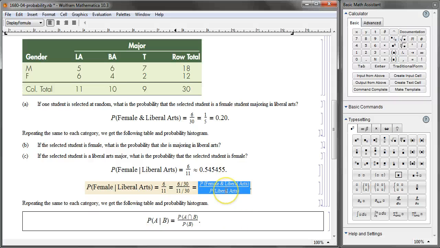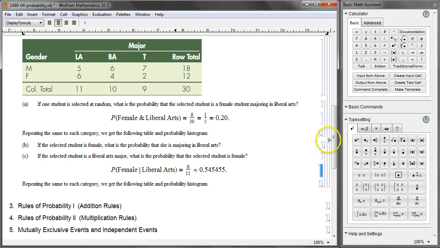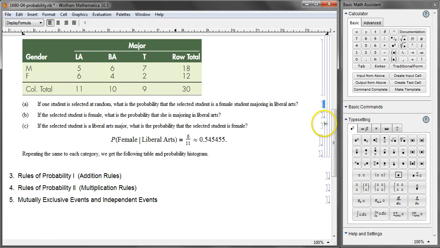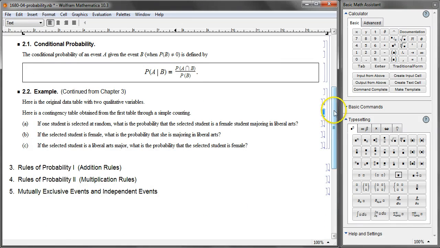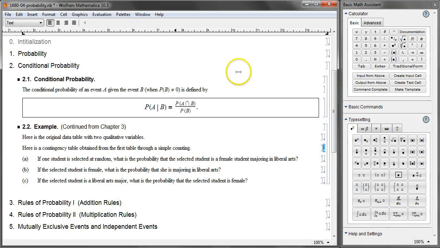And this is the set theoretical expression rewritten from here. This kind of thing is called the conditional probability. If you look at it in terms of contingency table, not very hard. If you look at it in terms of the set theoretical expression, it is hard.